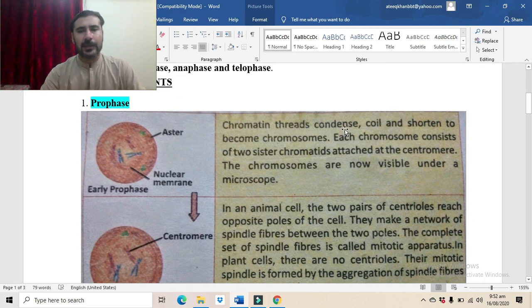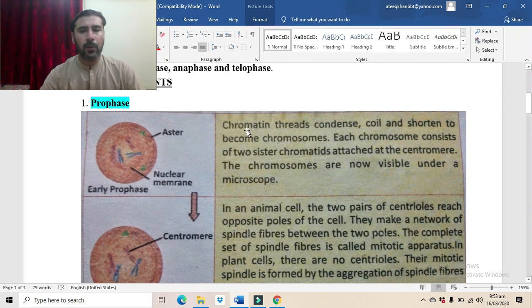Chromatin threads condense, coil, and shorten to become chromosomes. Now recall, in the interphase, the chromosomes are in the form of thread-like structure. Those threads are known as chromatin. That network of threads is known as chromatin.